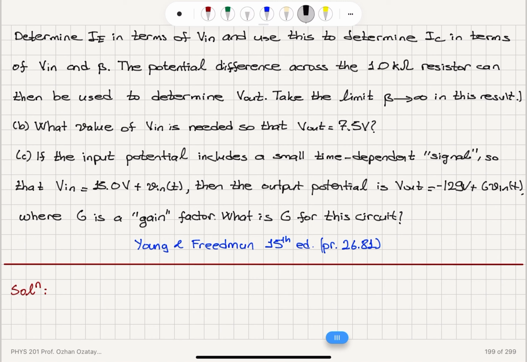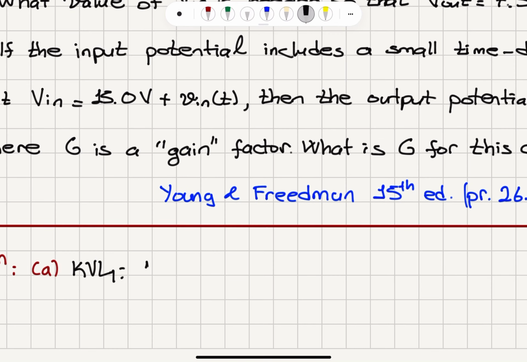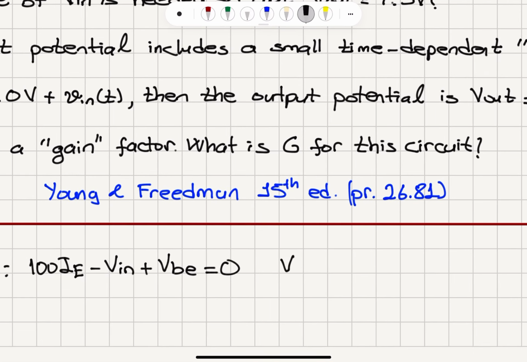So I'm writing in part A, KVL1 equation: 100 times the emitter current minus V in plus potential of B with respect to E is equal to 0, knowing that potential of B with respect to E is 0.6 volts.